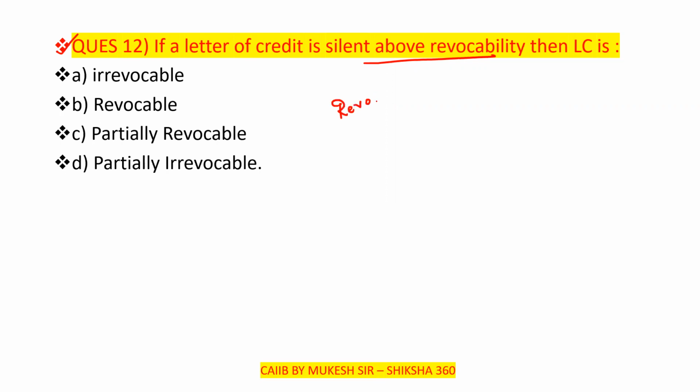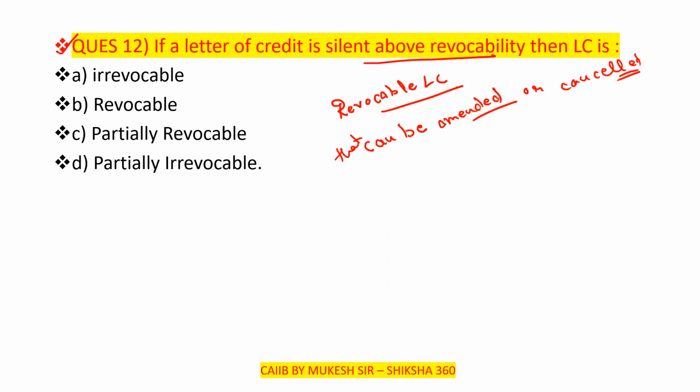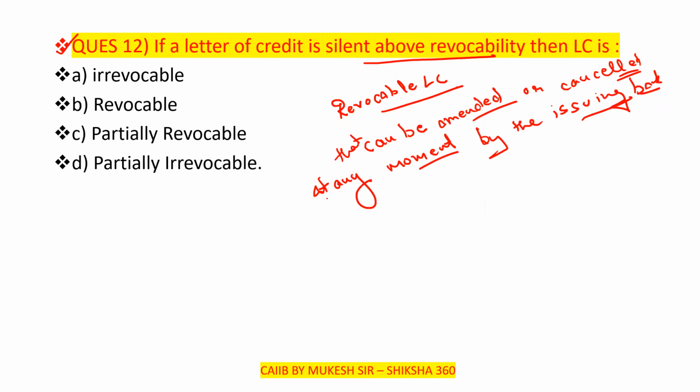Revocable is the type of LC that can be amended or cancelled at any moment by the issuing bank, without the consent of any other party.